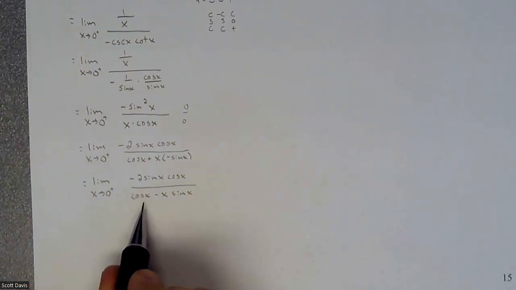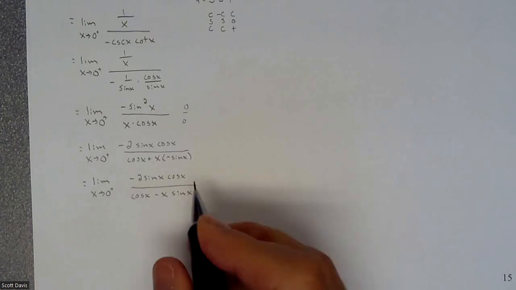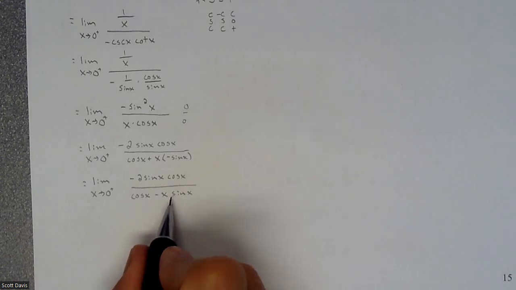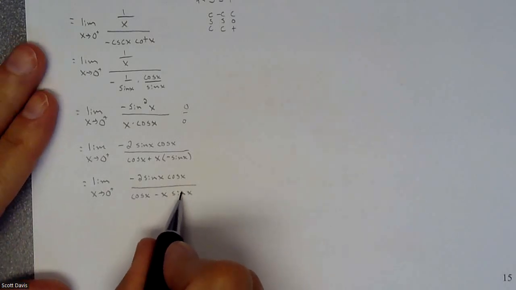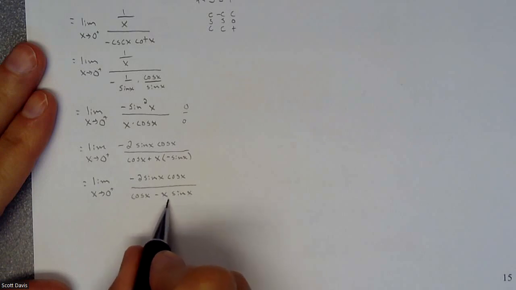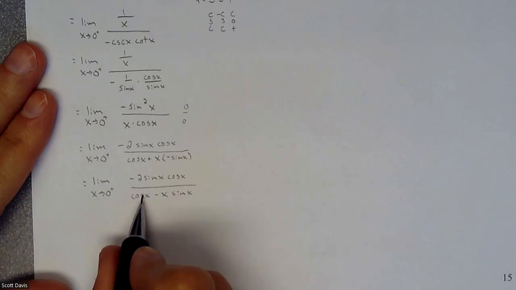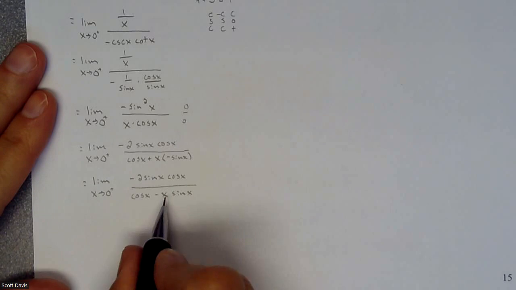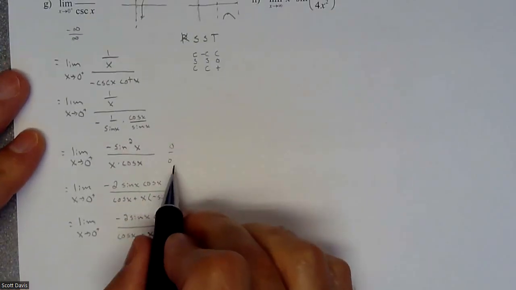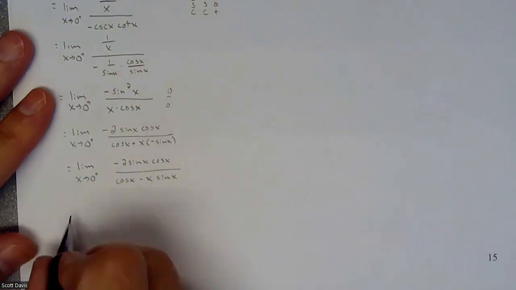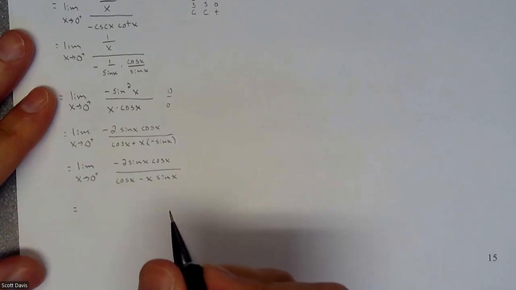The good news is I am not going to get a 0 in the denominator anymore, because sine of 0 is 0, so that whole piece will go to 0, and cosine of 0 is 1. So I know I'm not going to get a 0 over 0. I don't need to do the derivative again. I can just plug things in.